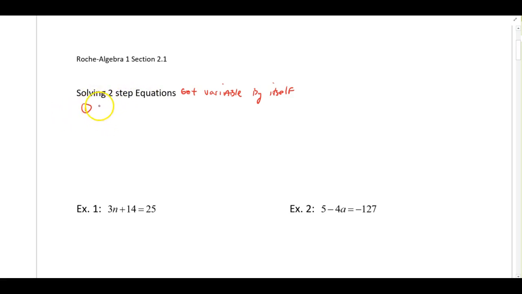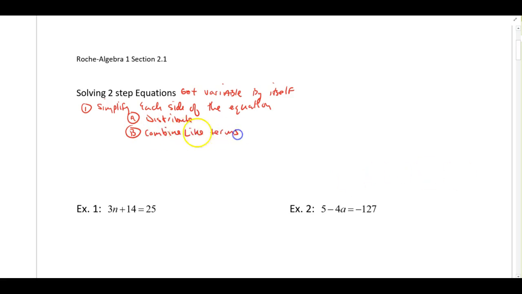So what we have to do is simplify each side of the equation, which means we have to distribute on each side, and then, if necessary, combine like terms.